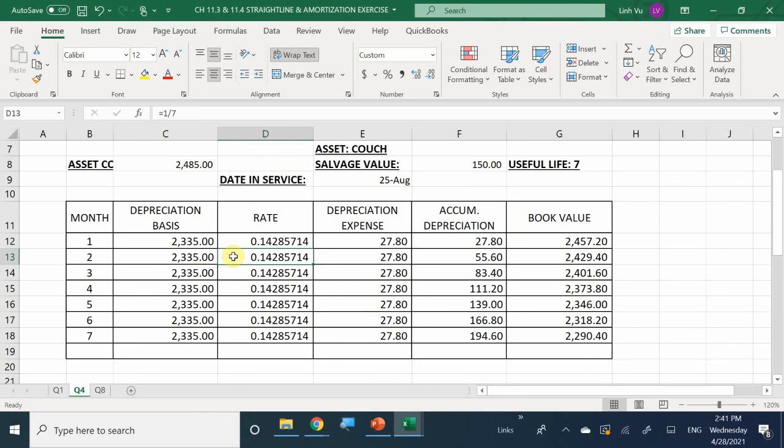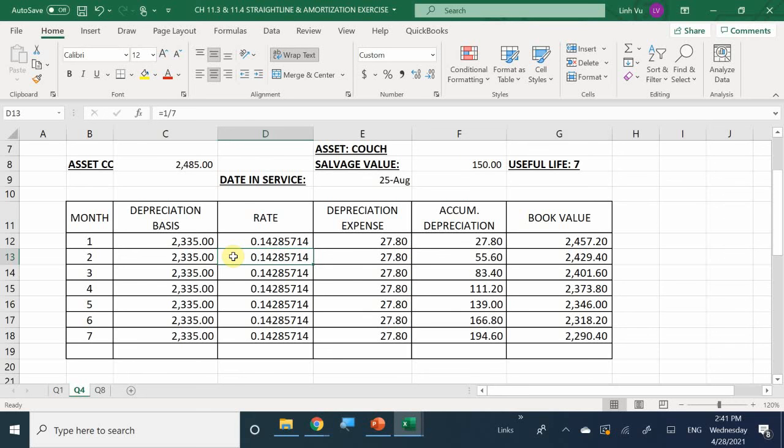If you can solve for the total amount of depreciation for the whole year, how are you going to make your monthly payments? You just simply take your expense and divide it by 12. In the very beginning, that's exactly how Felipe did it. He just divided the rate to solve for the depreciation expense. That's absolutely correct, and it will lead you to the same exact answer as well.